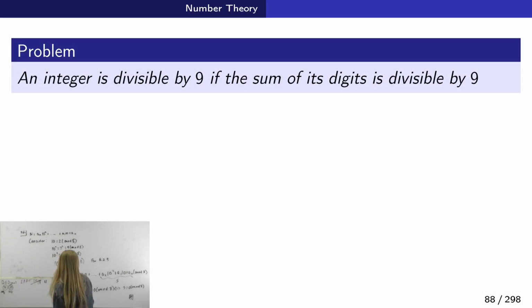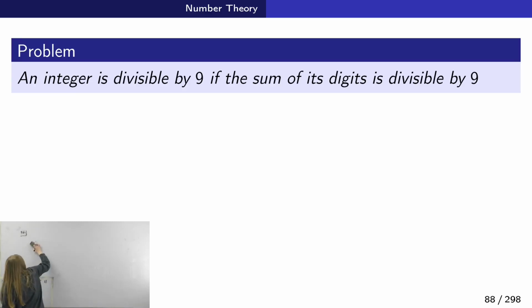All right, 9 and 3, again, are very similar. Okay. So an integer is divisible by 9 if the sum of its digits is divisible by 9.